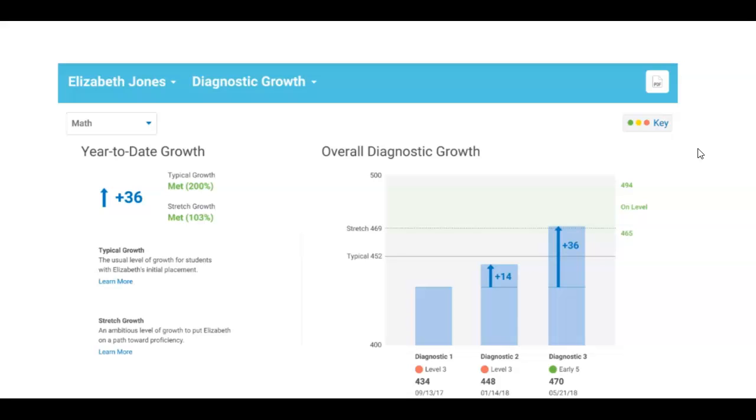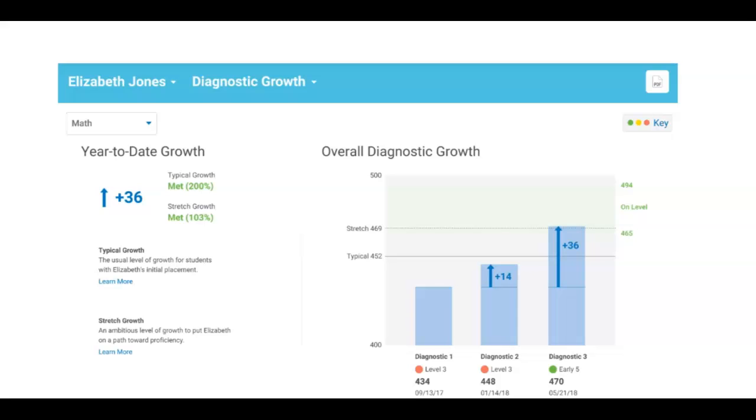iReady is an awesome tool for our educators at our school because we are able to better determine what area your child needs to grow in. So, for example, perhaps your child has performed really well when it comes to numbers and base 10. However, they really struggle in algebra.